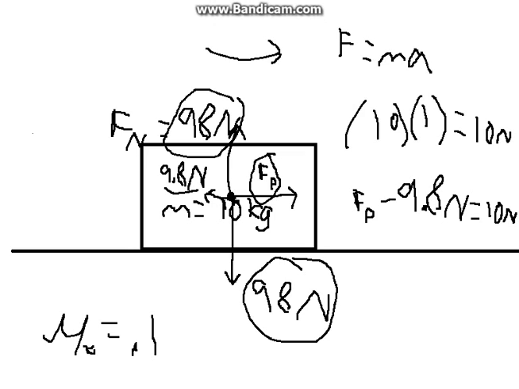Isolating F sub p gives us our pushing force is equal to 19.8 newtons. This is the correct value for the necessary pushing force for the box to accelerate at 1 meter per second squared.